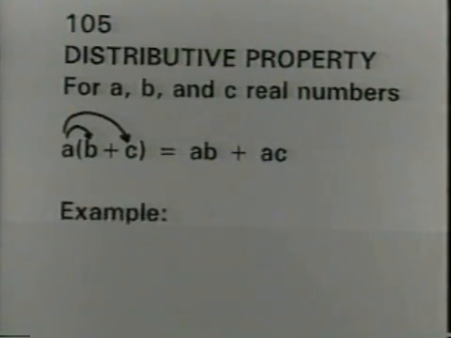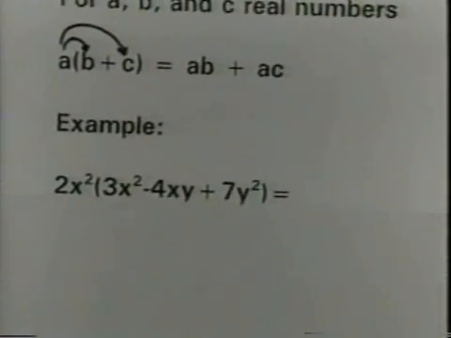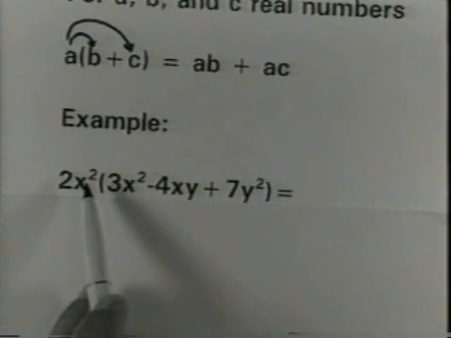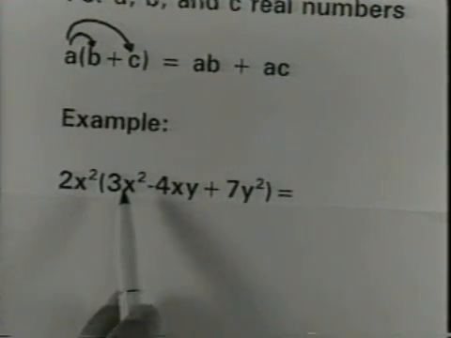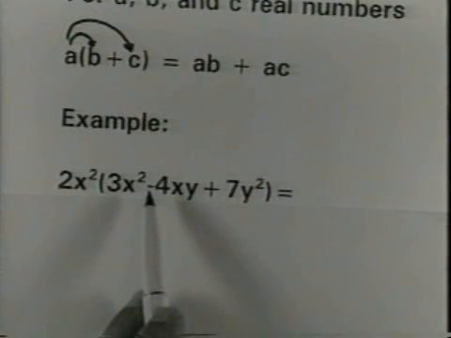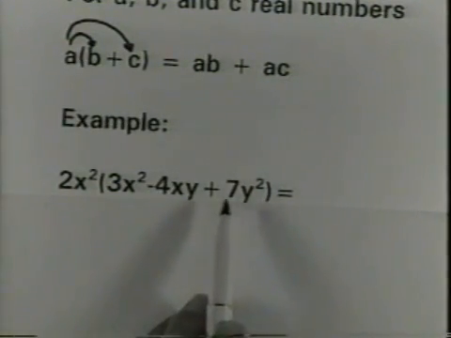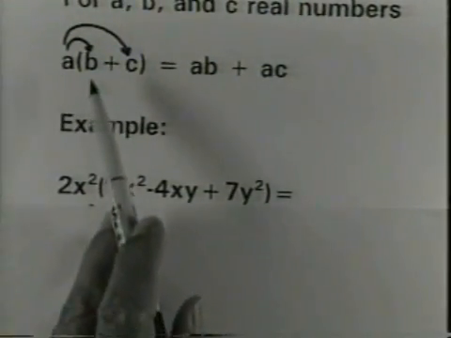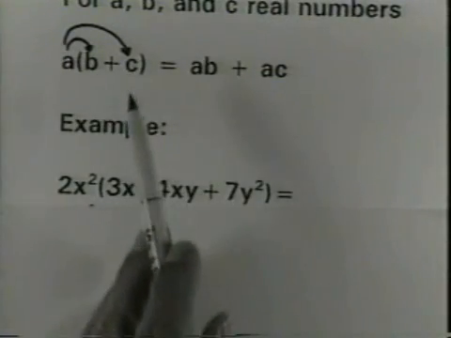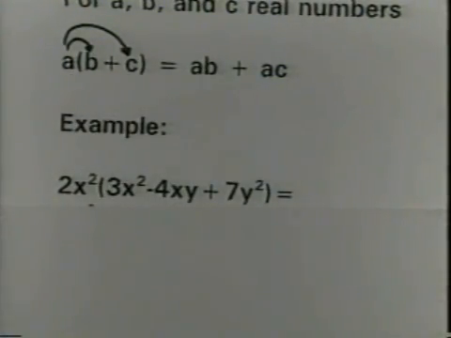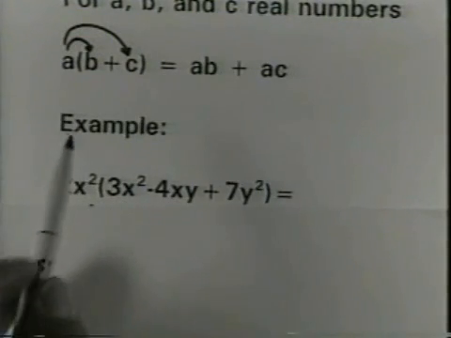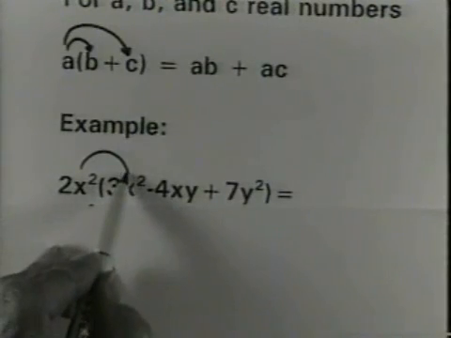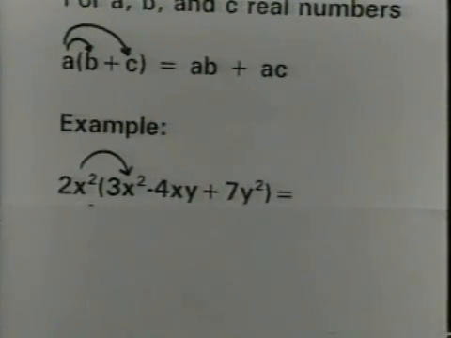Let's look at how it works in an example. I'm multiplying 2x squared, which is a monomial, by the polynomial 3x squared subtract 4xy plus 7y squared. The distributive property tells me to multiply everything in the parentheses by the term outside the parentheses. So I need to multiply the 2x squared and the 3x squared.